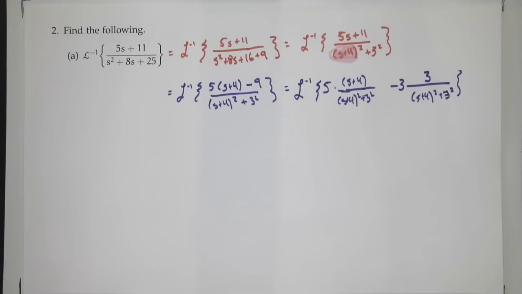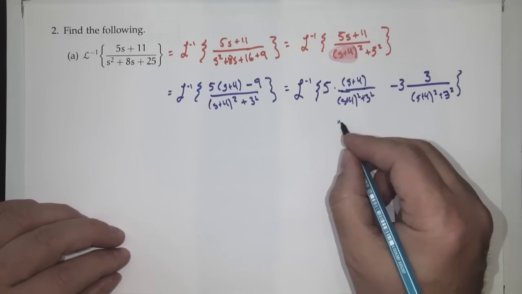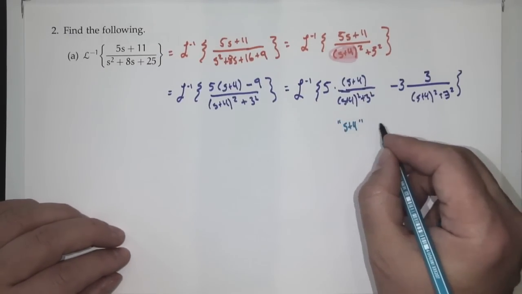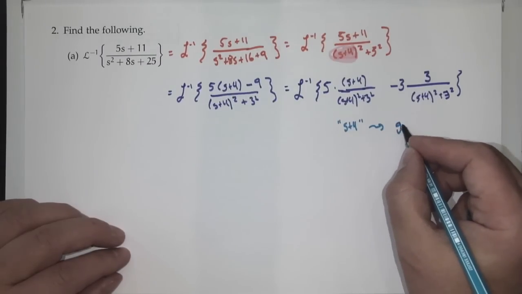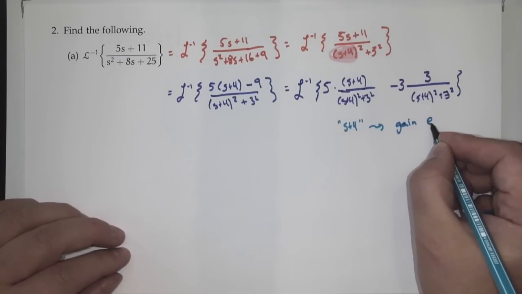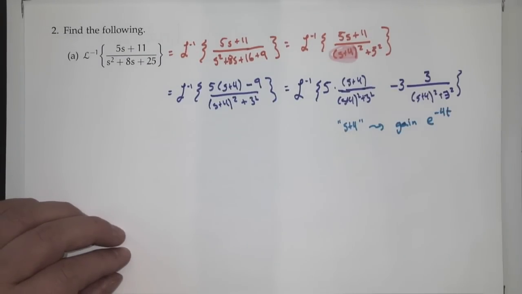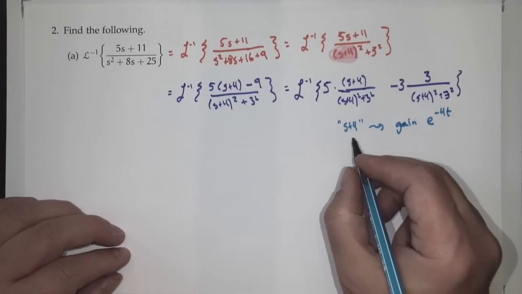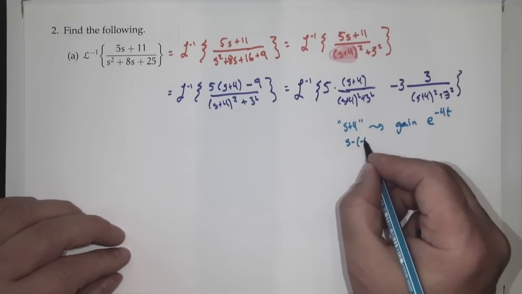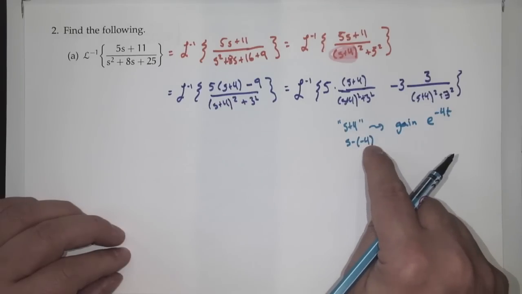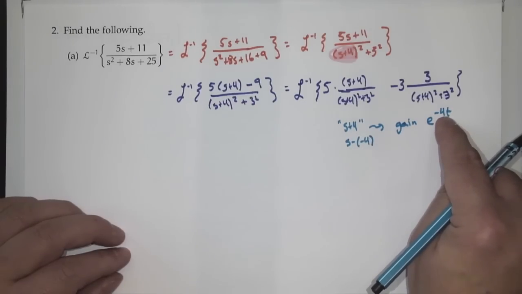So we'll make a few notes here on the sides. The s plus 4 means that we're going to gain an e to the minus 4t at the end. Why e to the minus 4t? Because this is s minus minus 4. So it's s minus the number, that's what goes up here.